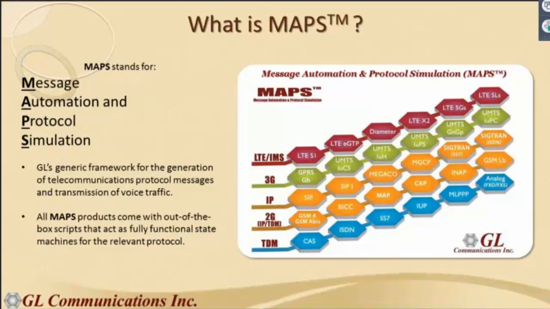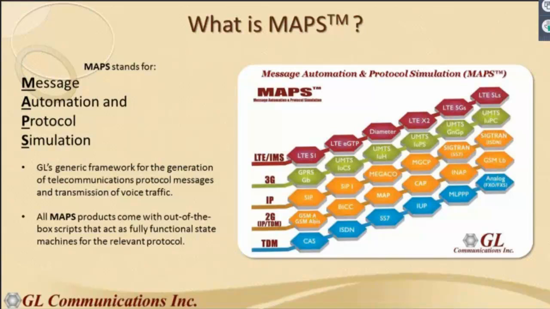This is GL's offering to the marketplace for a simulation product. It can be either a SIP simulation product, an ISDN PRI simulation product, LTE, and so forth. You can actually see here on our screenshot that we've got a lot of different protocols covered within this entire MAPS framework.